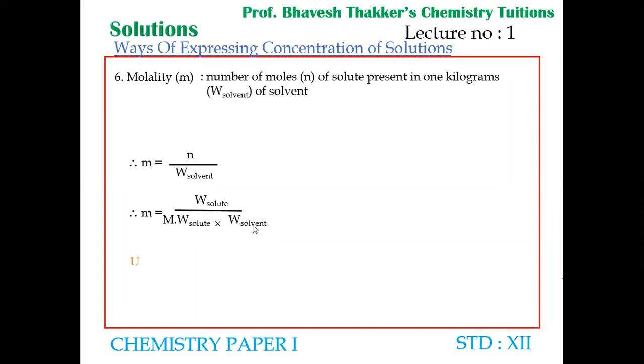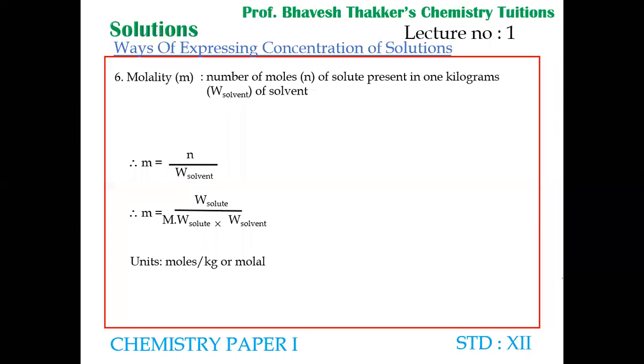If you take mass of solvent in grams, then you have to multiply by 1000 in the numerator. Okay, so to convert gram into kilogram, we multiply by 10 raised to 3. Now unit of molality. Molality is mole per kg or molal.